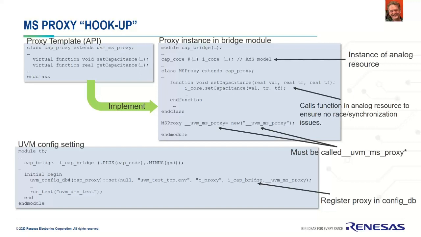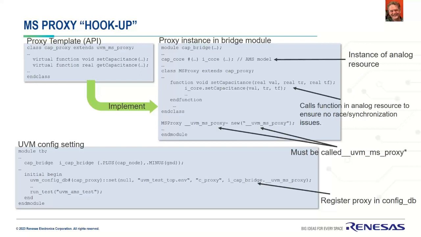We implement that by instantiating something inside the bridge module, which is just to the right of that picture. If we notice, our bridge there called cap bridge actually has something called cap core inside it, which is the actual analog resource. That's the thing that's going to do the work. In this case, it's actually an AMS model of a capacitor.